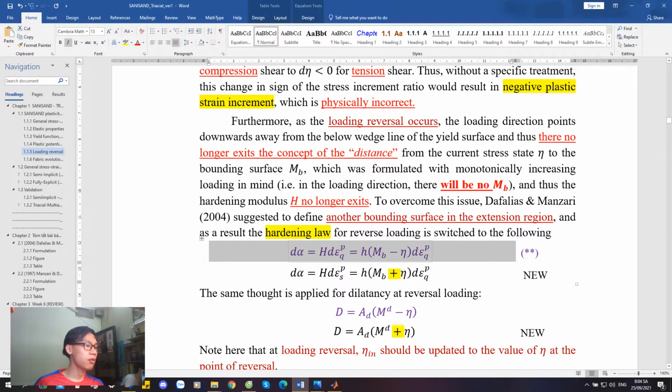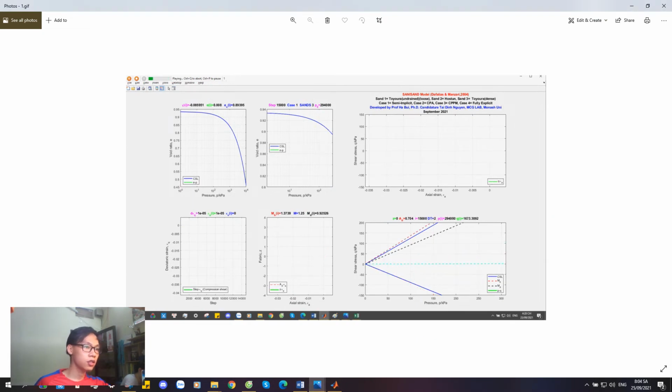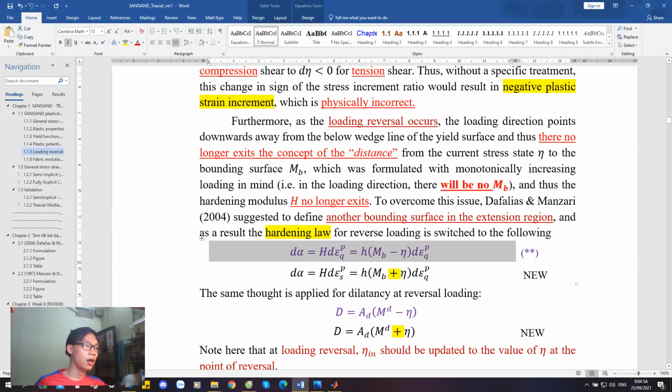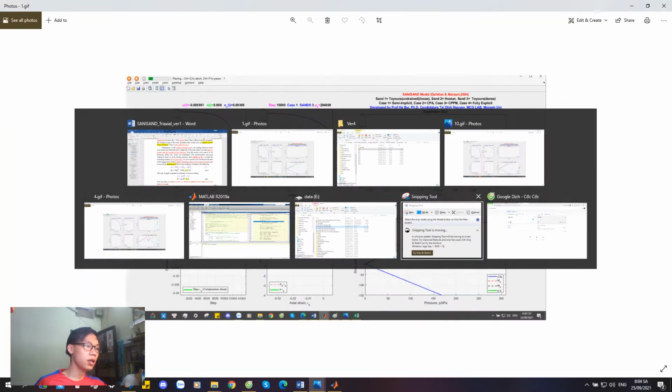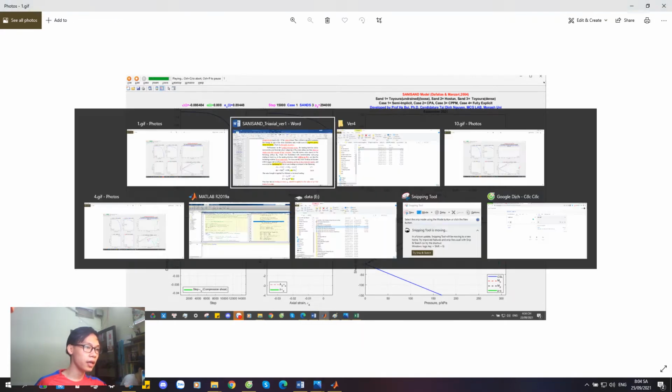You can see there, for the first time, the MP is the red dashed line, and we have the eta line with cyan color, and the distance is from the angle of the MP and the angle of the eta.